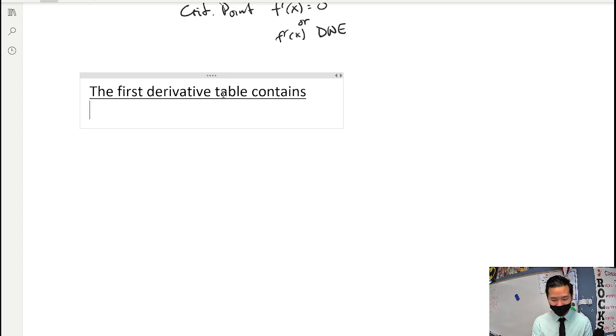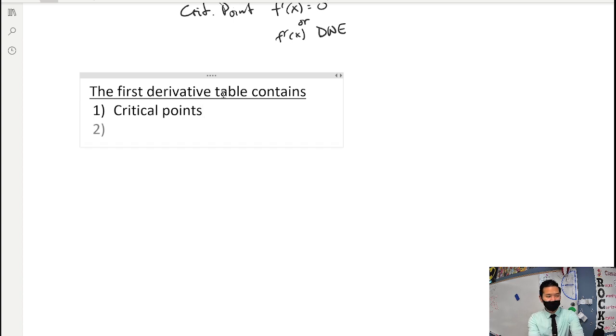All right. So let's go. Number 1. When you find the first derivative table, one thing that you're going to be listing on there is the critical points. You're going to be listing all the critical points when you make a first derivative table, right? So list all the critical points.